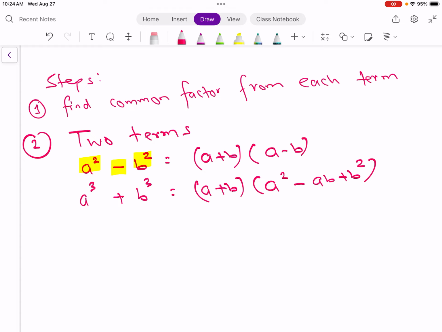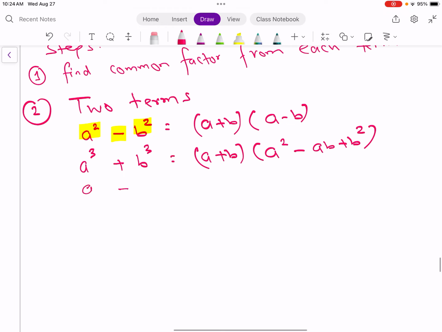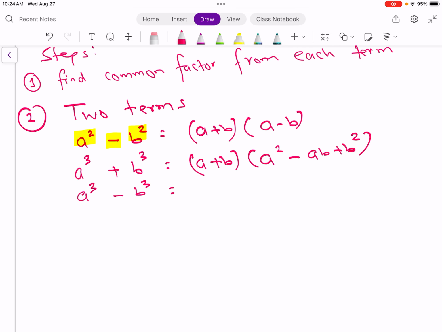The next type of two terms can be a difference of cubes, and the factors will be a minus b times a square plus ab plus b square. So these are the three different cases you will see if you are asked to factorize and are given 2 terms.